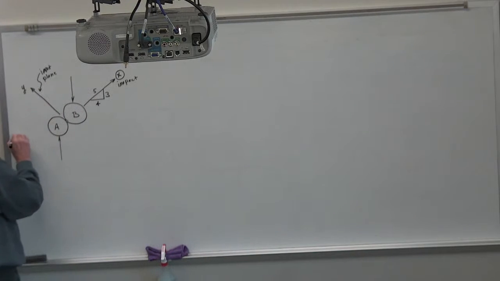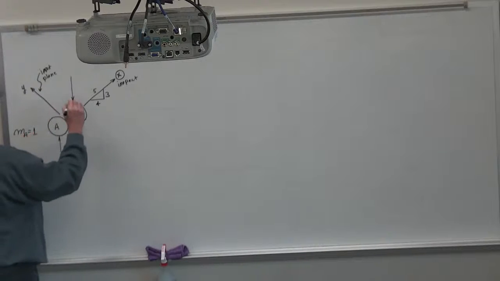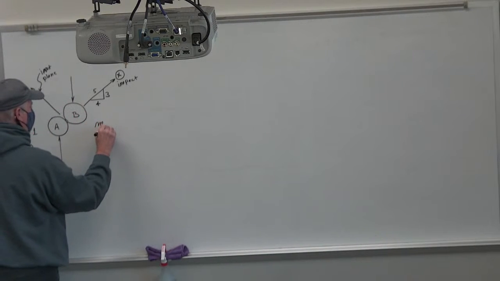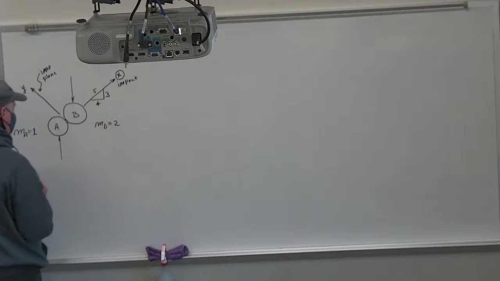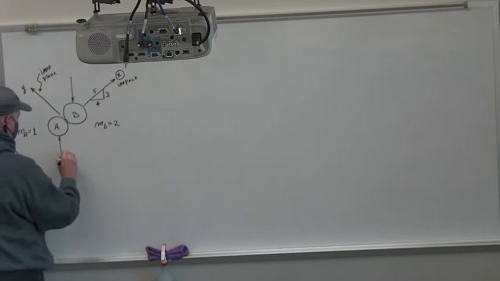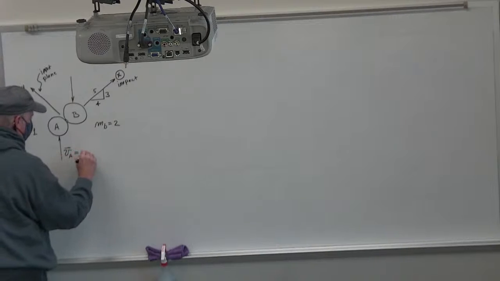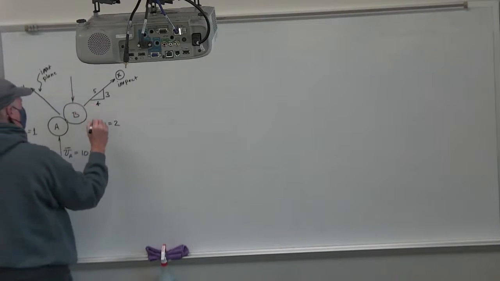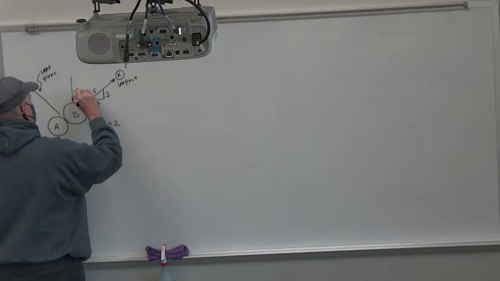We'll make things a little different this time. Mass of A equals 1, mass of B equals 2. Say the velocity of A is equal to 10i. Say the velocity of B is equal to minus.